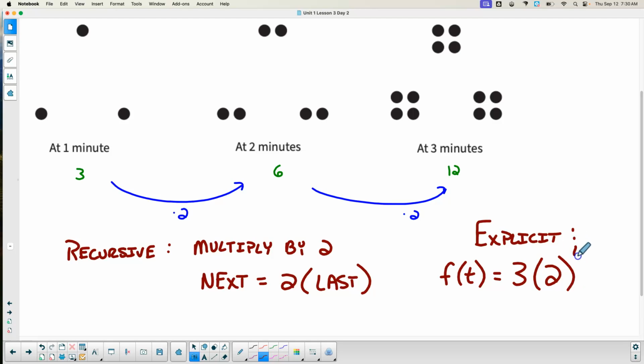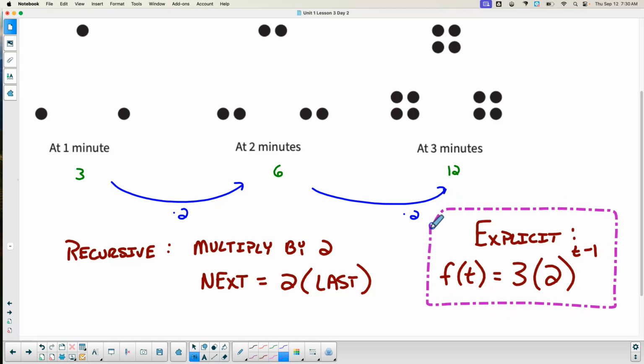If I go with 2 to the t power, the first term doesn't work because it becomes 3 times 2 is 6, and I'm off by 1. So I'm going to have to add in here a minus 1 to that. Okay, so that gives me my explicit, and then that fits for all 3 of them.